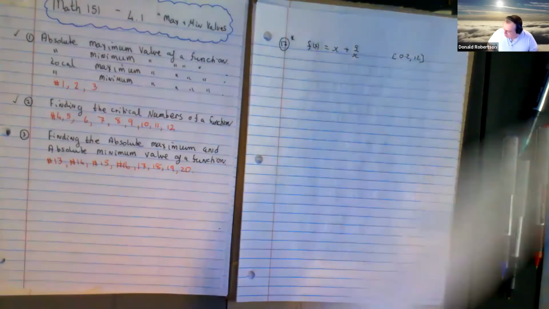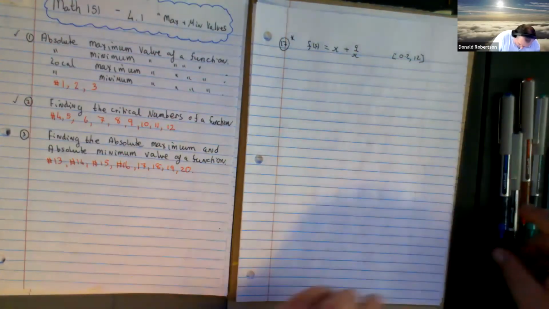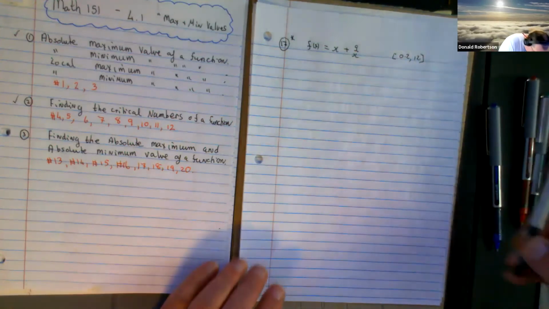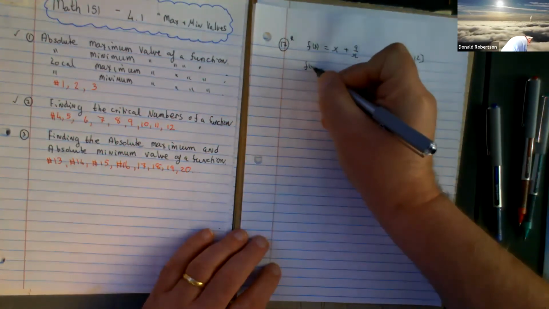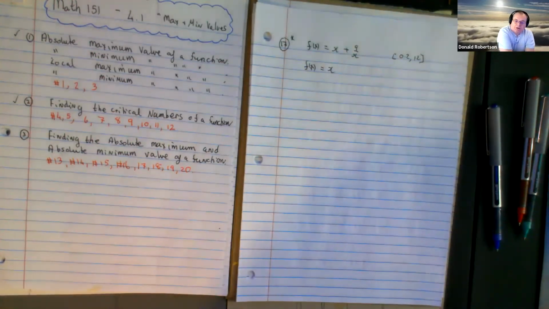Here's a weird fraction one. What am I going to do about 9 over x? I want to differentiate it, but if I leave it as 9 over x, I'm going to be in trouble. I have to rewrite it.